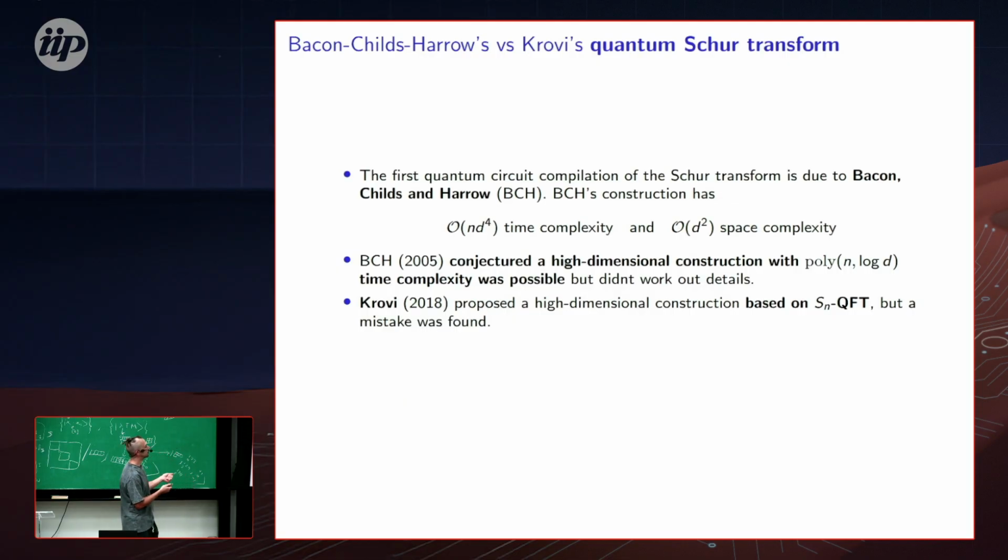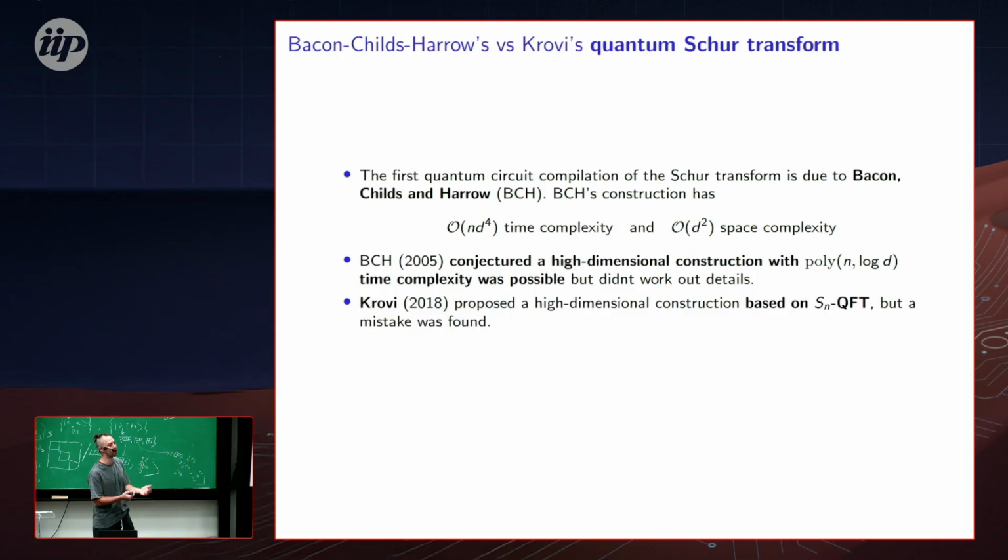Yes, there was a conjecture originally in their work that it should be possible to have a construction with polynomial in log d, not in d, and that's a huge difference. In particular, in certain tasks, not in all tasks, you may really require large d, for example, d much larger than n.